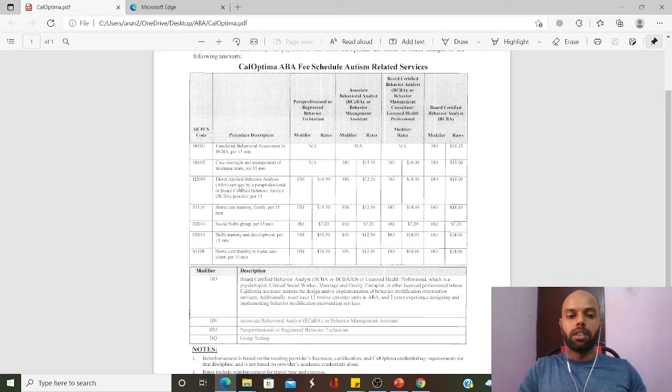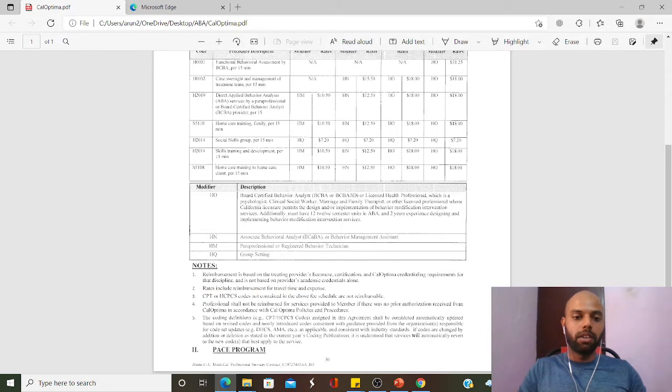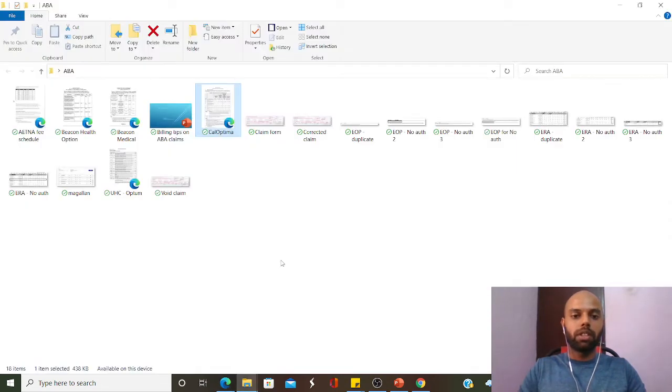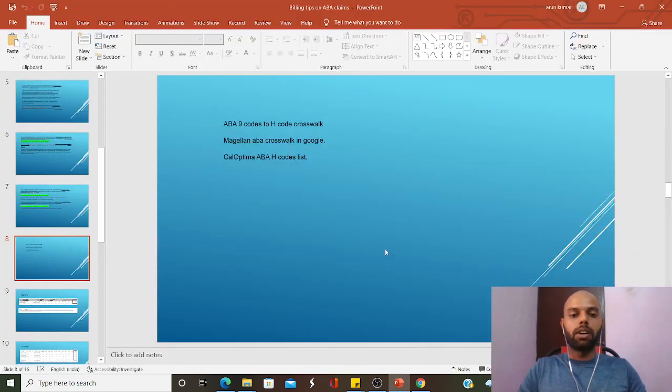I mean, DBT done by a BCBA, we have to bill HO. So here we have the modifier explanation. So when billing each payer, please check with the payer what CPT codes they are using, and what is the contract rate for those CPT codes.